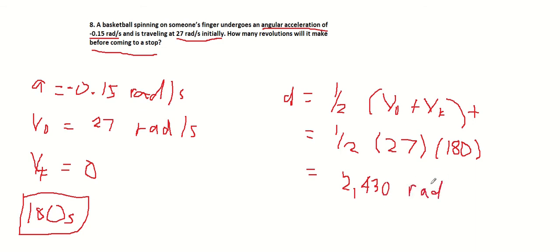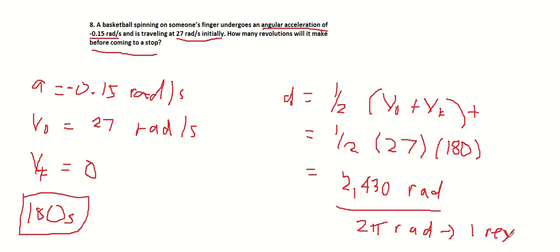Yan yung radian na nakuha natin. So ngayon, in order to find out ilang revolution, kailangan nating tandaan ilang bang radian ang meron sa isang revolution. So, matatandaan natin, in 1 revolution, meron tayong 2 pi radian. 2 pi rad. Ayan, 2 pi radian. Yan yung 1 revolution.